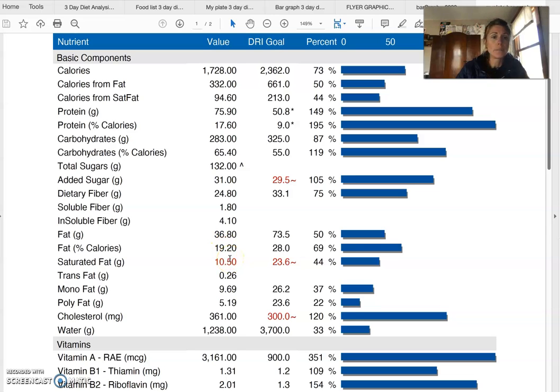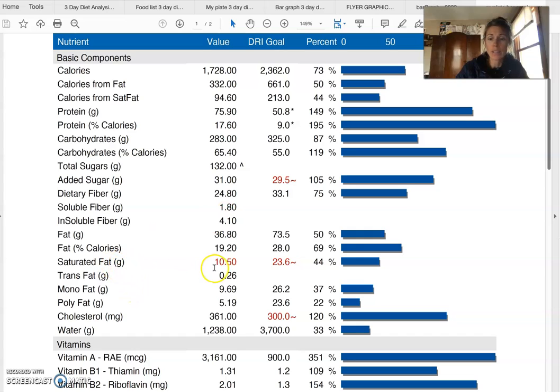Then we asked for the percent of calories coming from saturated fat. Remember, even though it was given to you on this worksheet, we can calculate it too. And that's where 4 calories per gram for protein and carbohydrates and 9 calories per gram for fat came into play.